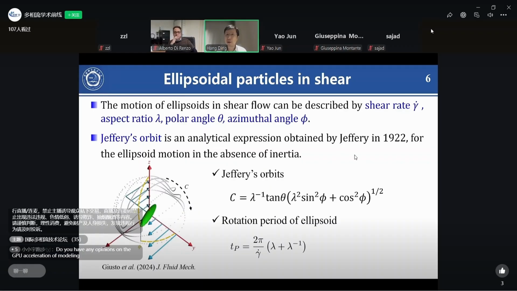That means the trajectory can be described by the shear rate gamma, the aspect ratio of the particle lambda, and the polar angle theta and the azimuthal angle phi can describe the orbits. So the Jeffery orbits can be described by a constant C here. Also, the rotation period of the ellipsoid, TP here, can be a function of gamma and also the aspect ratio of these particles.